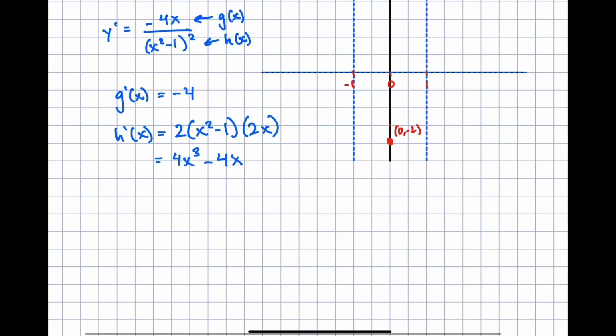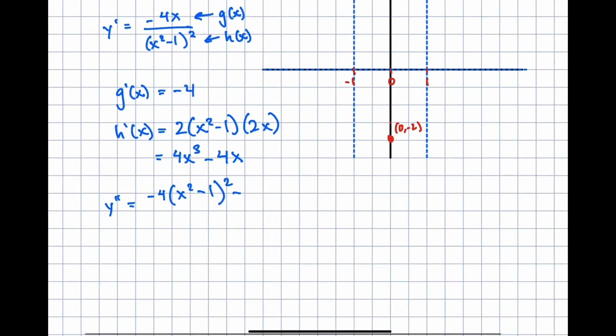So if we solve our derivative overall, and if you have any issues with the quotient rule, feel free to revisit the quotient rule lesson in a previous video. This second derivative is going to turn into the derivative of the top function, which is -4, times the bottom function, x squared minus 1 squared, minus the top function, which is -4x, so I'm going to write that as plus 4x, times the derivative of the bottom function, which we found to be 4x cubed minus 4x.